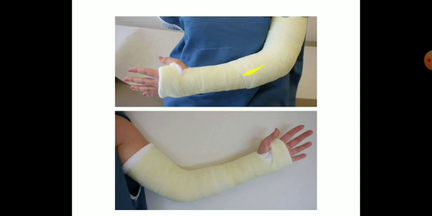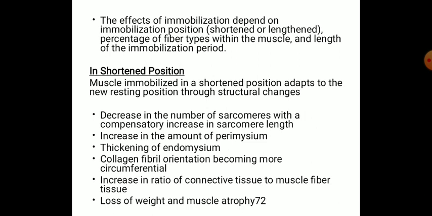Whenever we keep our elbow in a mid-flexed position, the biceps is not in a fully extended or lengthened position; it is in a shortened position. Whenever the muscle is in a shortened position, it can be accompanied by all of these physiological deconditioning changes.